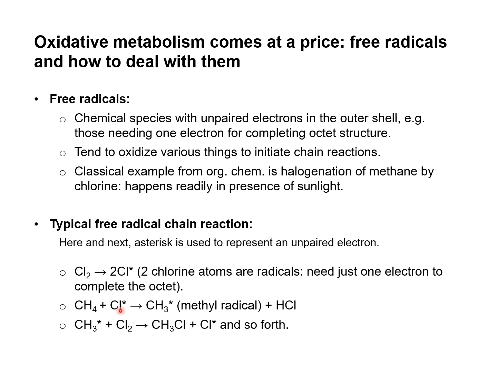One of these chlorine atoms, the free radical, can react with methane to oxidize it and make it into the methyl radical, and also produce hydrogen chloride, so it can be acidic in that condition. This methyl radical can now react with a chlorine gas molecule to form chloromethane, and also leave a free radical of chlorine again, and so forth. It will generate more free radicals.